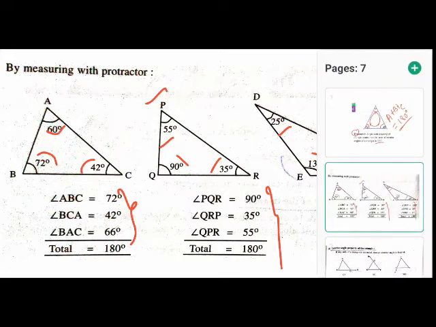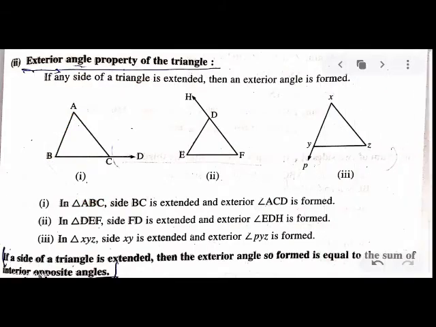Now we will go to the next theorem, that is the exterior angle property of a triangle. What does the exterior angle property tell? If a side of a triangle is extended, then the exterior angle so formed is equal to the sum of the interior opposite angles.